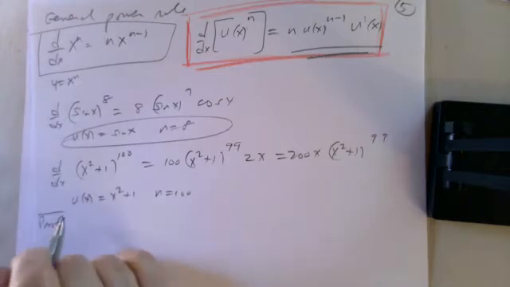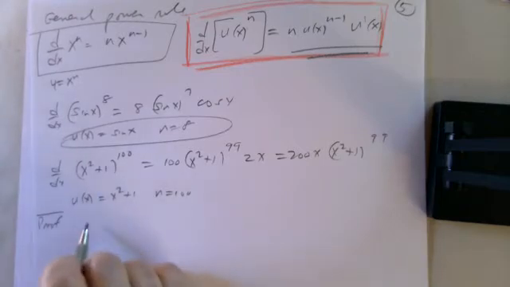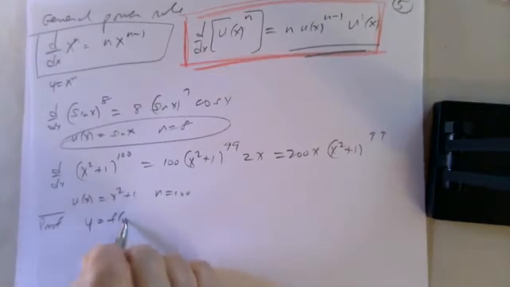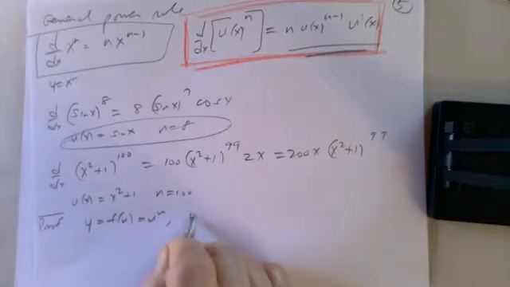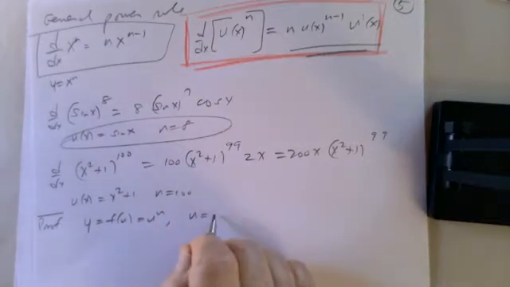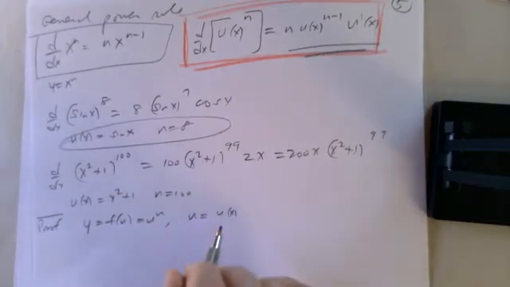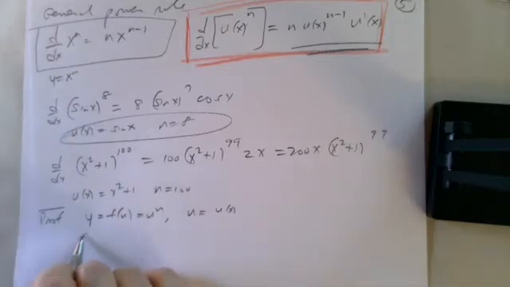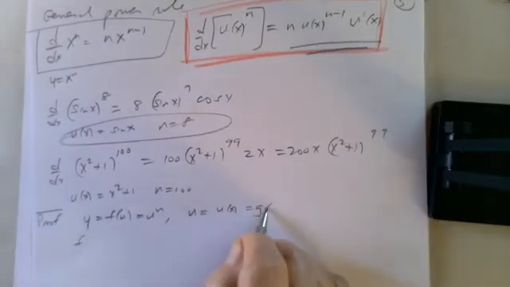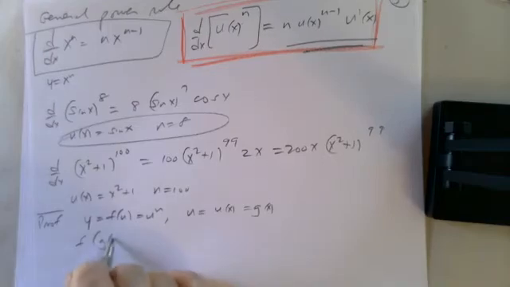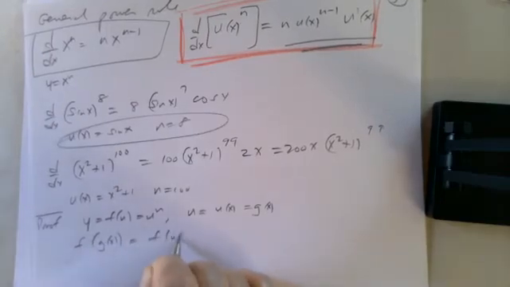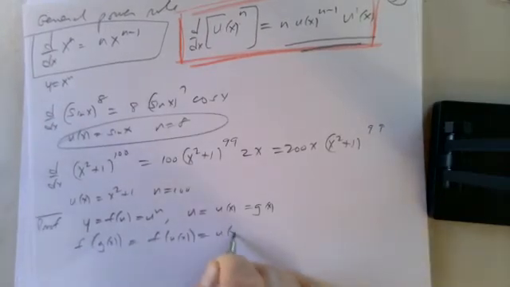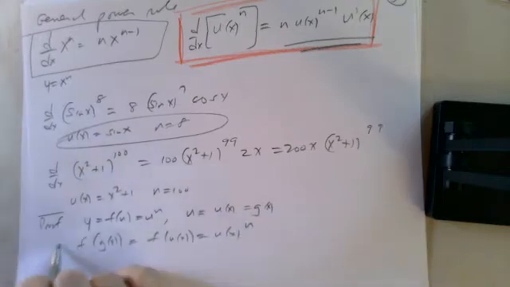And the proof of the general power rule: suppose you have the function y equals f of u, which is u to the n, and u is some function u of x. So g of x is u of x. The composite function f of g of x is f of u of x, which is u of x to the power n.